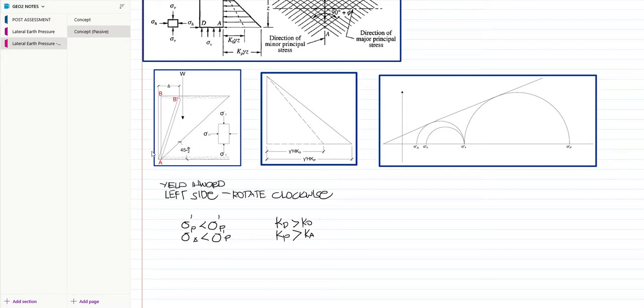And we can also say yung K sub P dito is greater than 1.0. Kasi si K sub O almost 1 yun yung values niya, si K sub A lesser than 1 pero mas mababa kay K sub O, and si K sub P will be greater than 1.